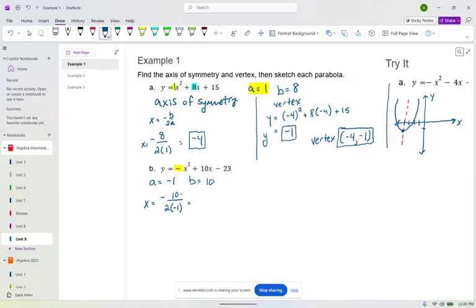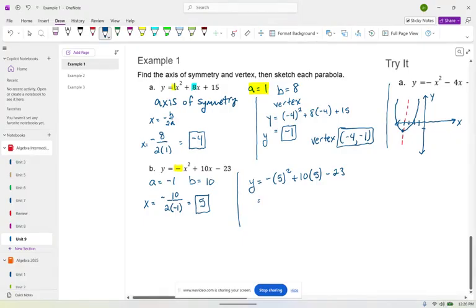So we have negative 10 divided by negative 2, which is positive 5. I'm going to put that into our equation, y equals negative, and then in parentheses, 5 squared plus 10 parenthesis 5 minus 23.